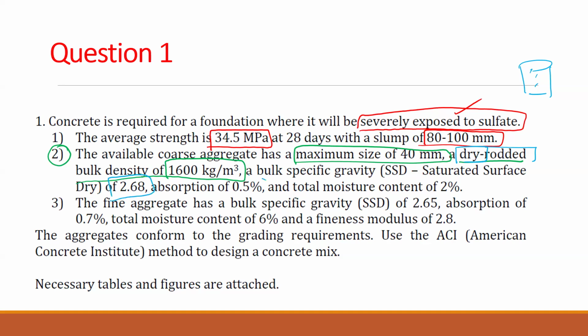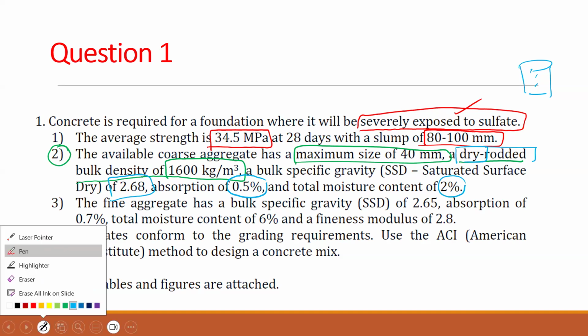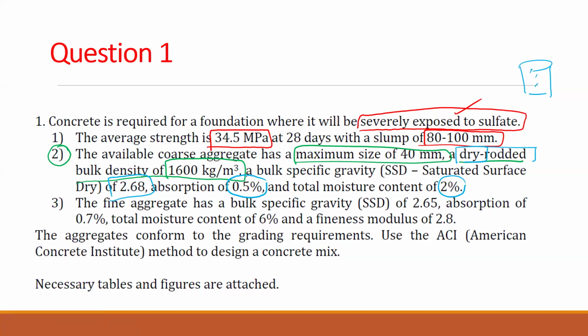Water absorption is 0.5% and the moisture content is 2%. So what do we mean by those two? What's the difference between them? Absorption, as we discussed when we did the aggregates: aggregates have tiny pores, so the water inside the pores can't contribute in the hydration process.